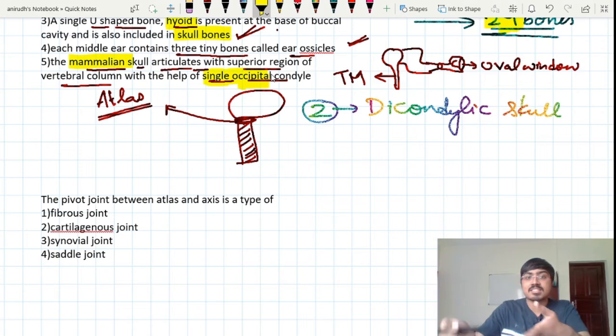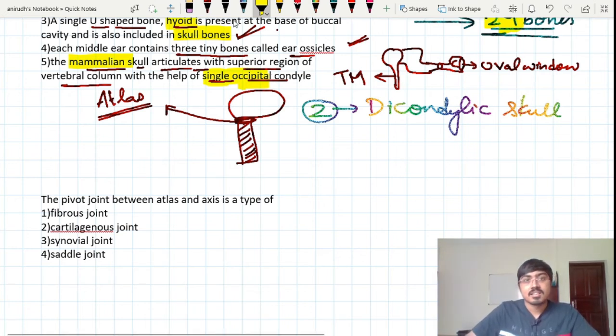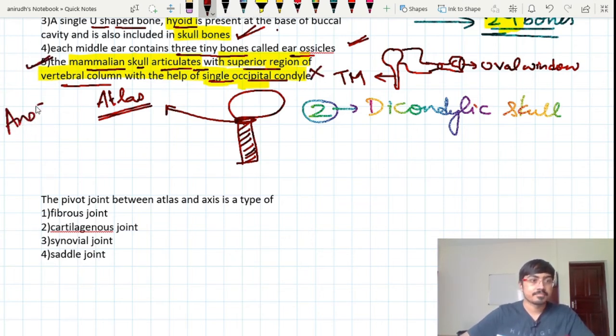It continues as the spinal cord through this particular structure, that is foramen magnum, isn't it? So mammalian skull articulates with the superior region of the vertebral column with the help of 2 occipital condyles. So is this a false statement? This is wrong. So option 5 is my answer for this question.